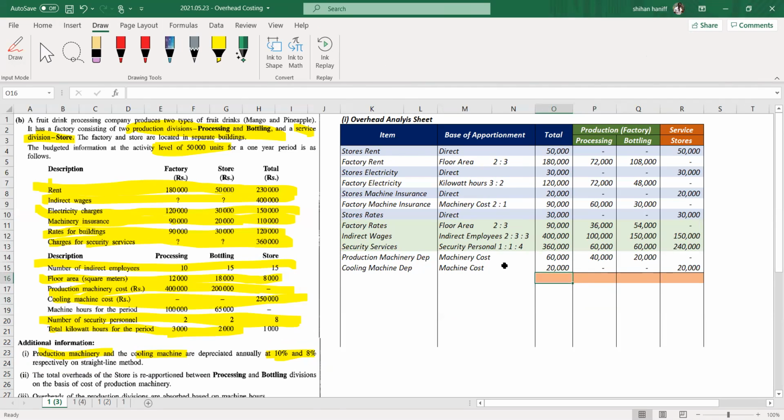Yes, I got one answer. How about the others? Total processing, bottling, and stores.